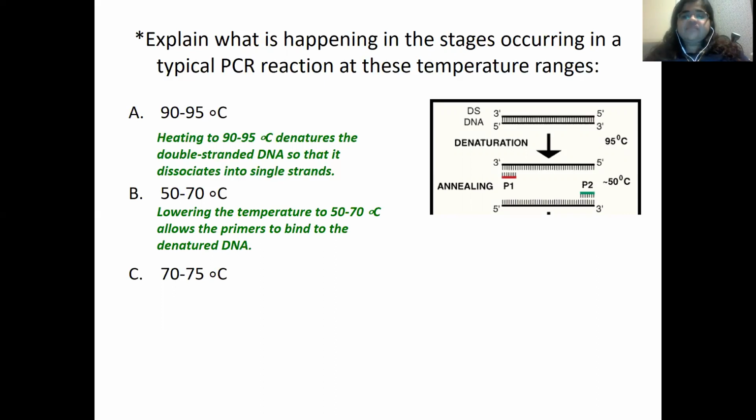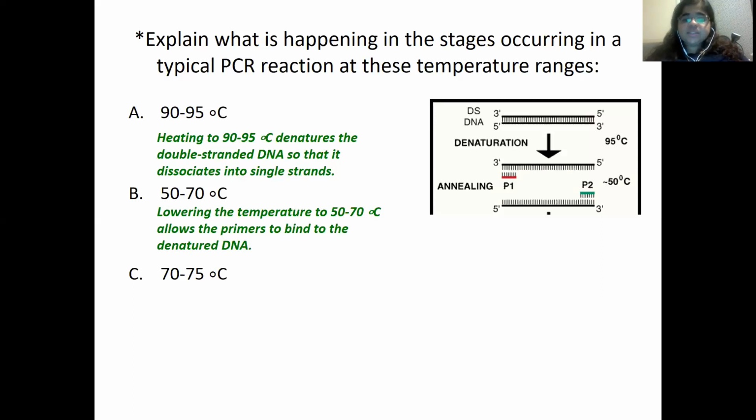Then at 50 to 70 degrees Celsius, you have the stage of annealing. Annealing is lowering the temperature. This temperature range allows primers to bind to that denatured DNA, while still keeping the distance between the 2 DNA strands.